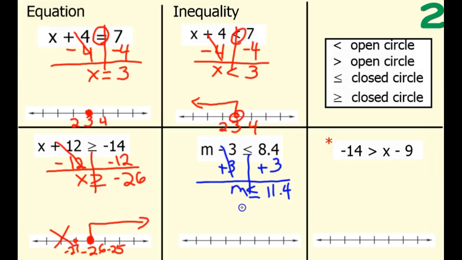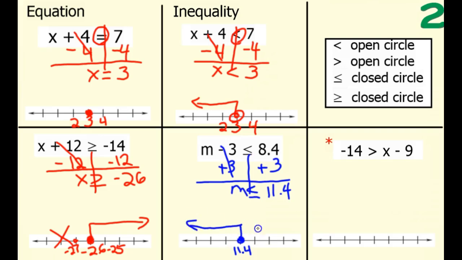So how we graph that is we also have a less than or equal to sign. So we have the or equal to, so we draw a closed circle. This is going to be 11.4. So the arrow is pointing to the left, so we draw a left pointing arrow.